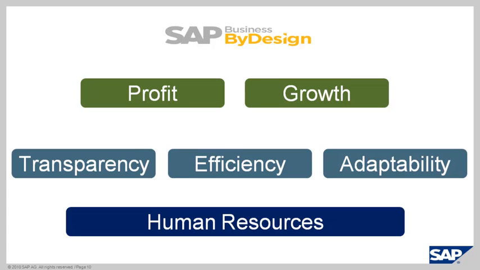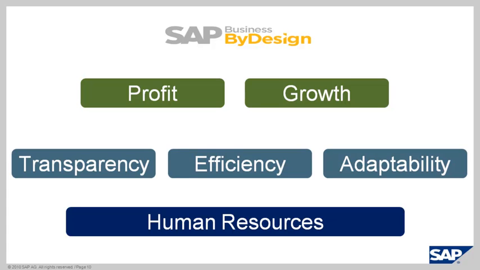In this segment of the demonstration, we're going to take a look at how human resources functionality supports transparency, efficiency, and adaptability to drive improved profitability and build a foundation for growth. From a transparency perspective, we will see embedded analytics that provide immediate access to all information related to human resources.